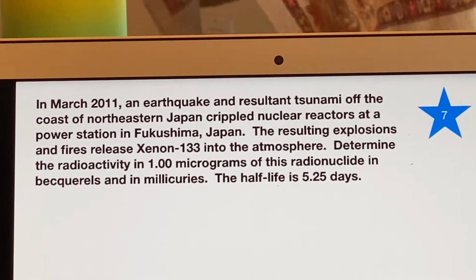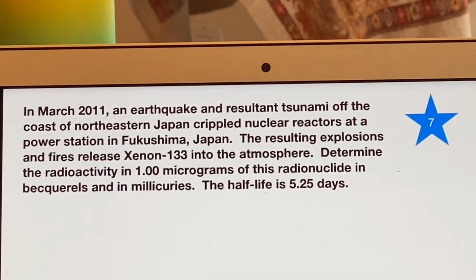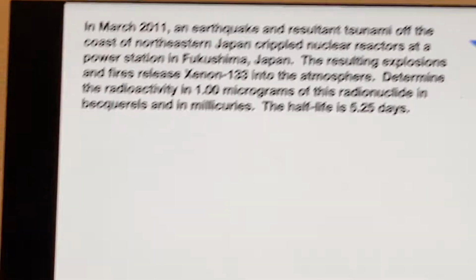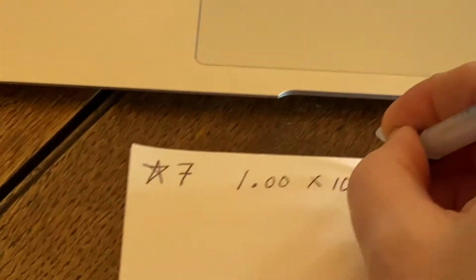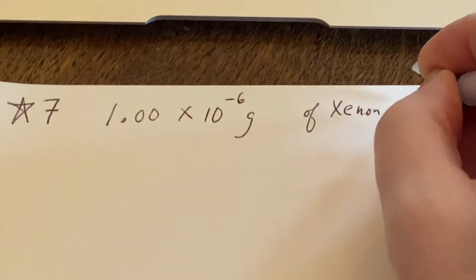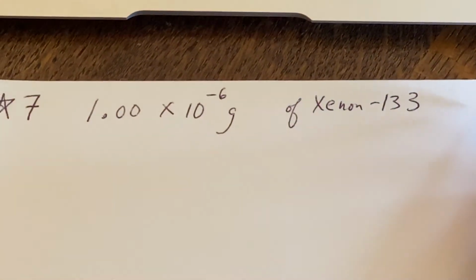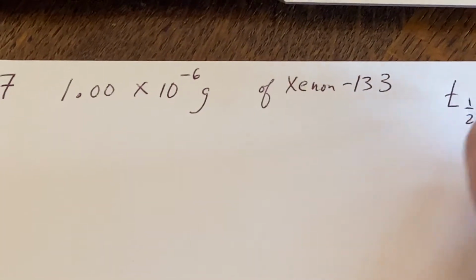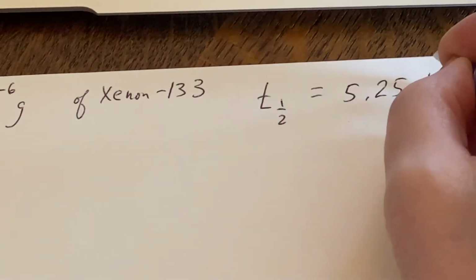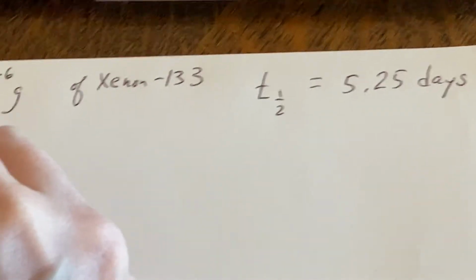So becquerels are just going to be the activity per second. So what do we know? We're going to write down that we have 1 microgram of the xenon-133, and they've told us that the half-life of this is 5.25 days. The becquerel is 1 decay per second.